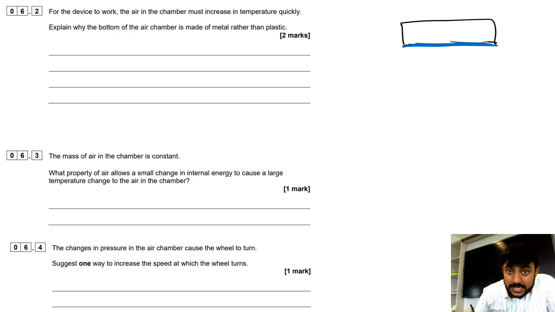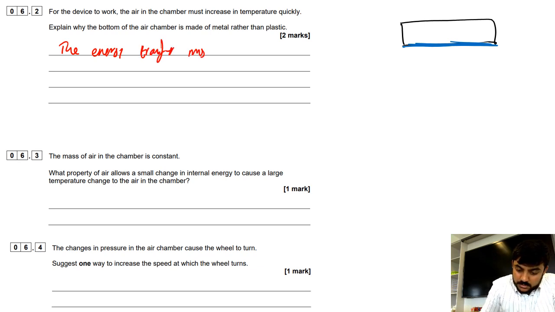Well, if it was plastic, it would have a poor thermal conductivity, and a poor thermal conductivity will result in a slow energy transfer. We want the energy transfer to be quick. The energy transfer must be fast, or at a greater rate.